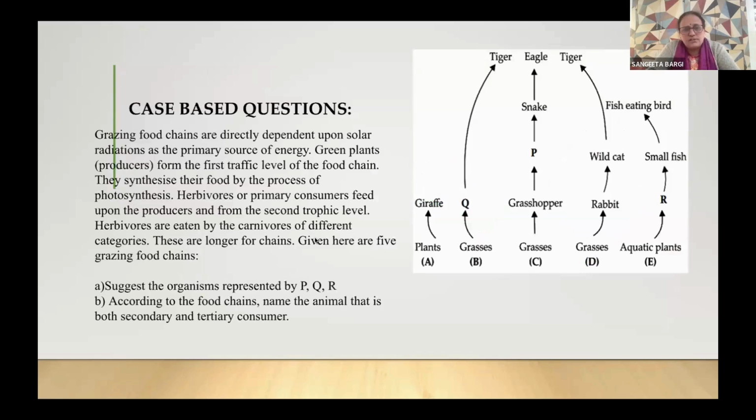Coming to the case-based questions, the concept is again from the textbook. The paragraph may not be exactly as it is in the textbook. Students need to understand that case-based questions are different from English comprehension.